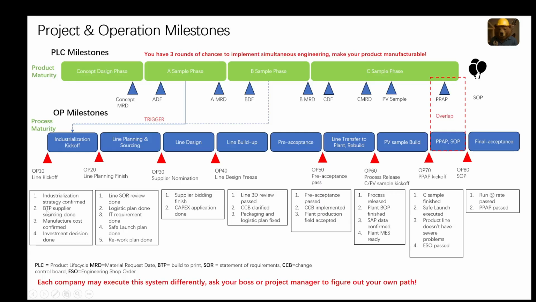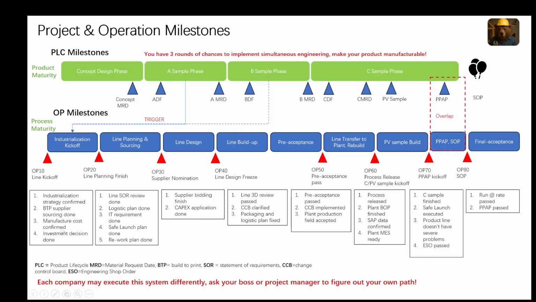And for B2P, some of the parts you don't build the line by yourself. You need to search for the source, or search for the build to print supplier. They're going to build it for you, and you need to do a lot of make or buy decisions, and calculate the price to see if it is cheaper to build in-house or to outsource.